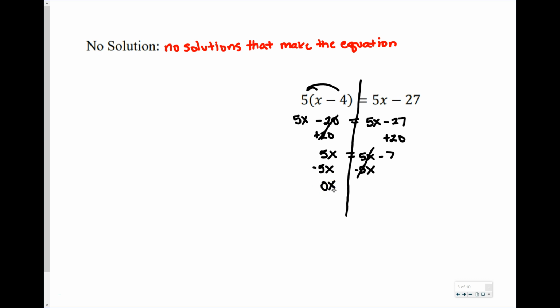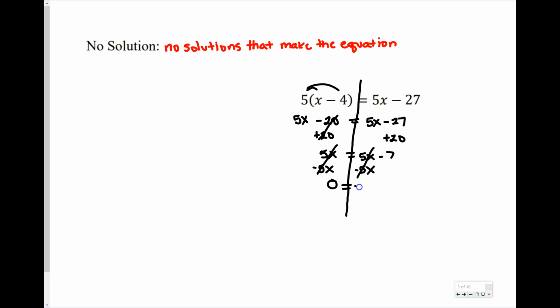If you've got two things that subtract from each other and cancel each other out, don't write 0x, just cross them out. When you cancel something out and there's nothing left, see how this left side is empty? That's when you write the 0 as a placeholder.